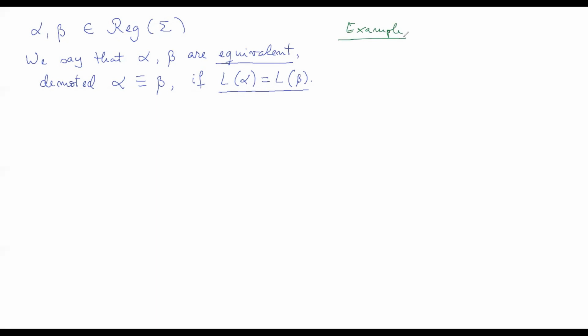If I take alpha to be the regular expression A (AA) star, now, if you think about this, it's not difficult to see that the language of alpha is all the words of the form A followed by A to the power 2n, for all n greater than or equal to 0.